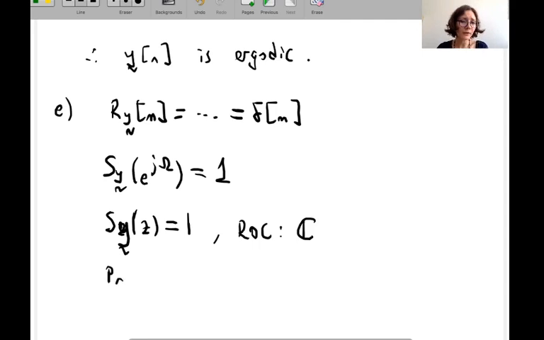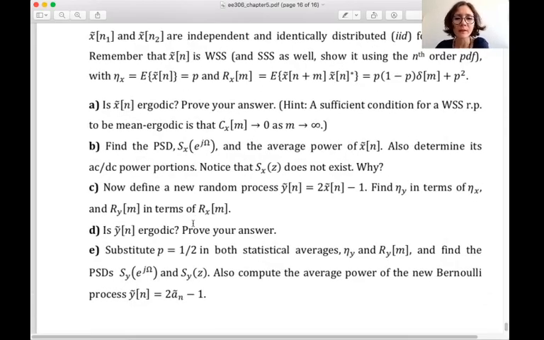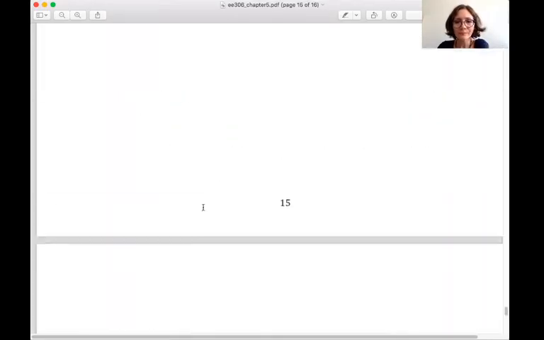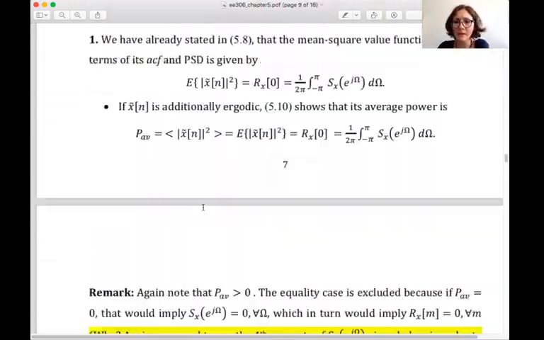And also, if you look at the average power, very simply, you should look at the autocorrelation of y at m equals 0, which is simply going to be equal to 1. So this is the part of the exercise session about the topic of the PSD.